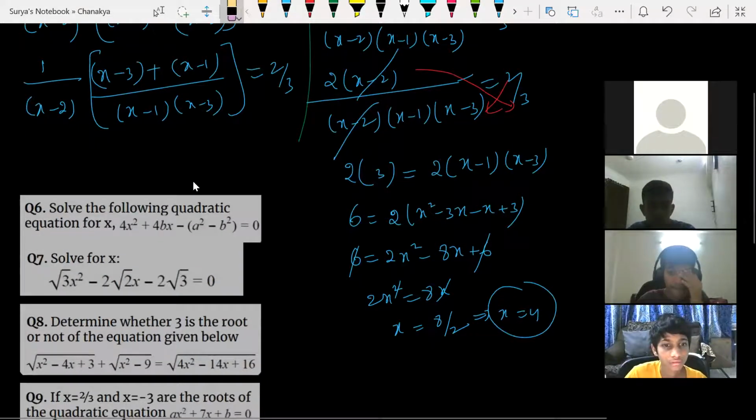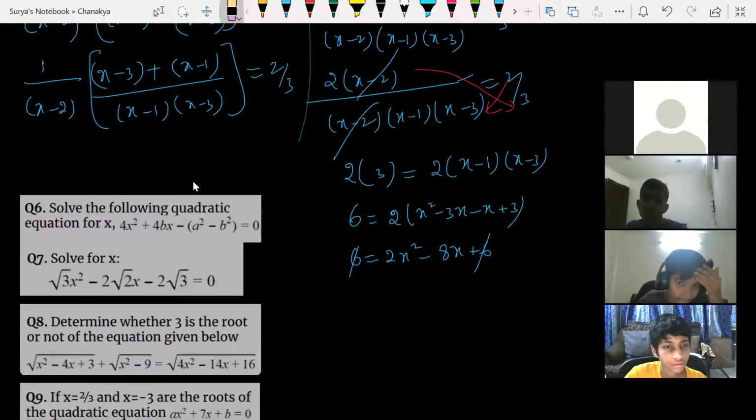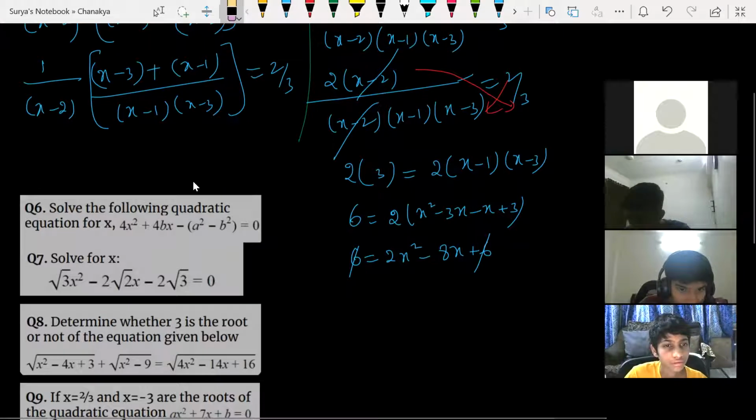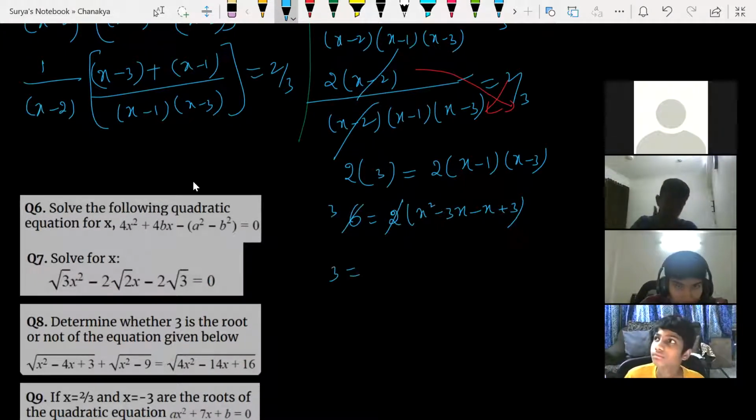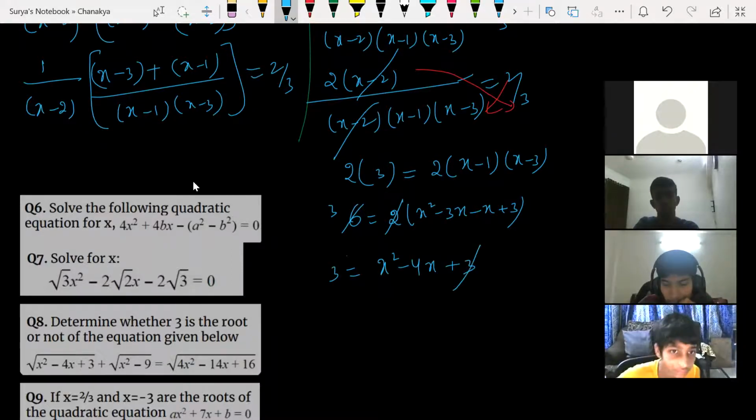Or you can do it like this. Look at this here. 2 ones are 2, 3 ones are 3. So x square minus 4x plus 3, right? So 3 will get cancelled.